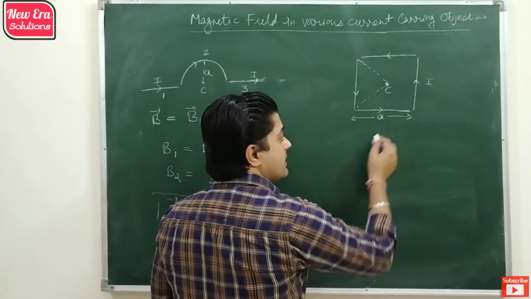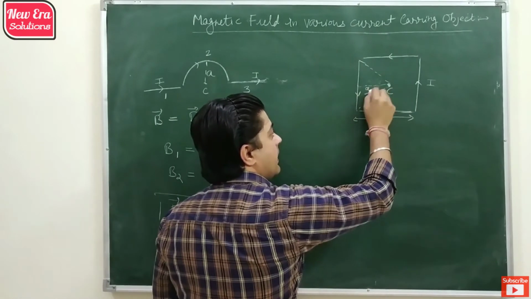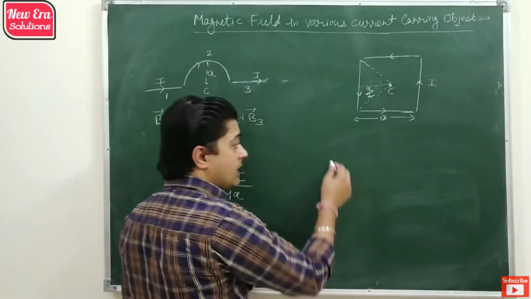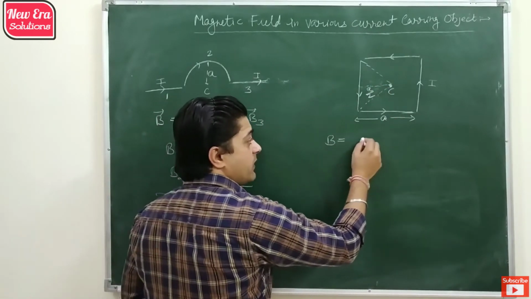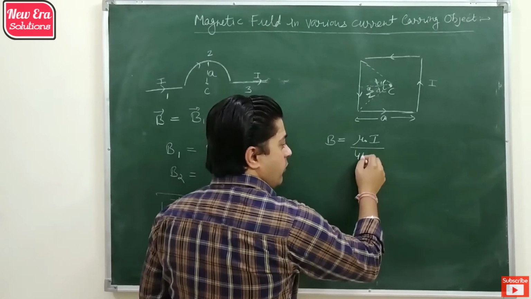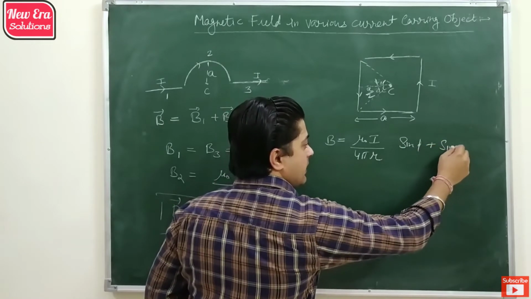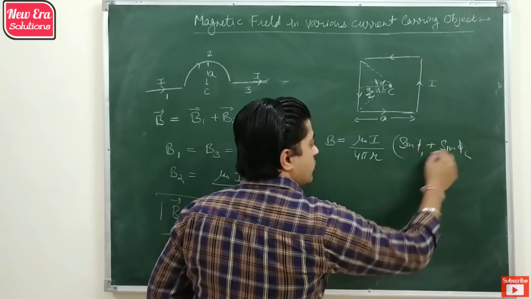If this distance is a, then the remaining distance is a by 2. The formula for the magnetic field due to a straight wire is mu naught I by 4 pi r times sin phi 1 plus sin phi 2.